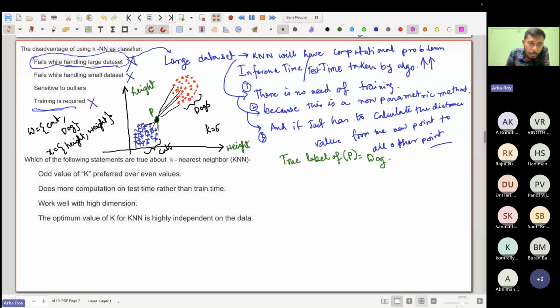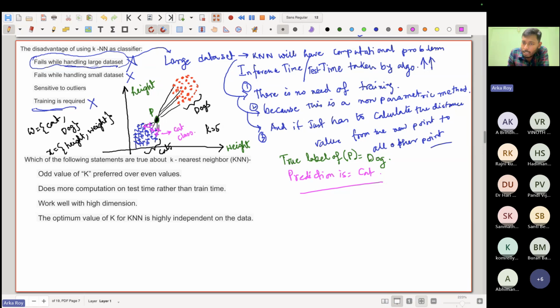So the nearest neighbors would be this one, this one, this one, this one, and this one. These pink highlighted neighbors belong to the cat class. So your prediction is cat.